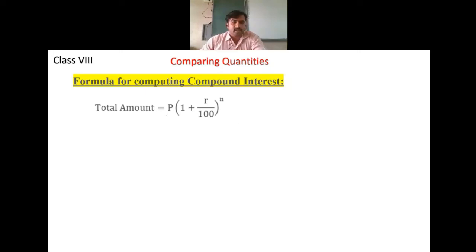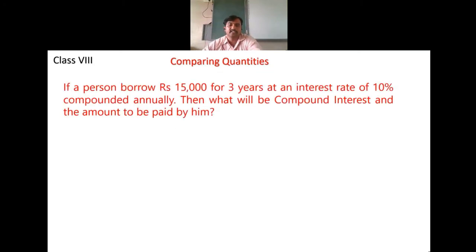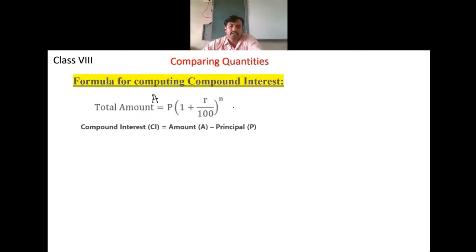Here the formula is: amount A is equal to P times (1 plus R by 100) to the power N, where P is the principal amount, R is the rate of interest, and N is the number of years.